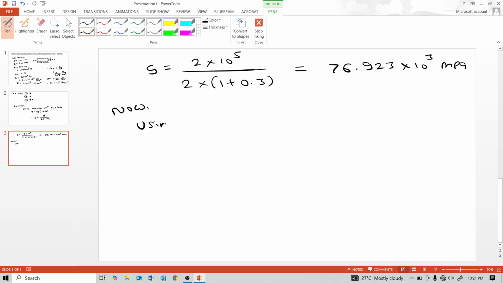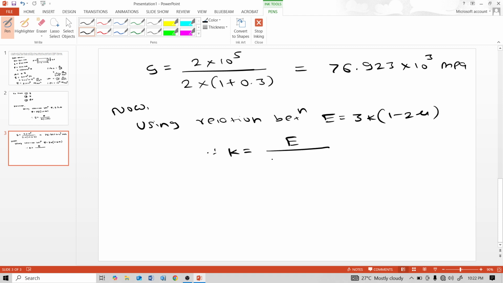This relation was also derived in our previous lectures: E is equal to 3K into 1 minus 2 mu. Therefore, K is equal to E upon 3 in bracket 1 minus 2 mu.